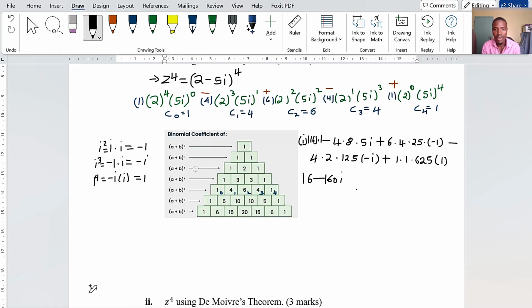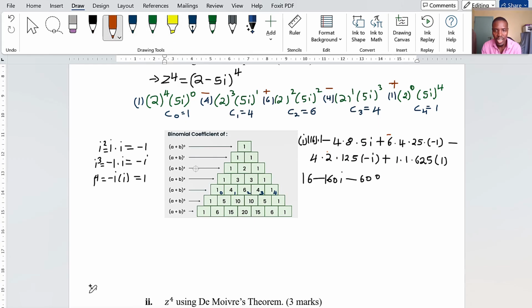Let me see if we have a plus. 6 times 4 times 25. So it will be minus because of the negative 1 there. 600 without i. Then let's see. So we have a negative here, which will create a negative.